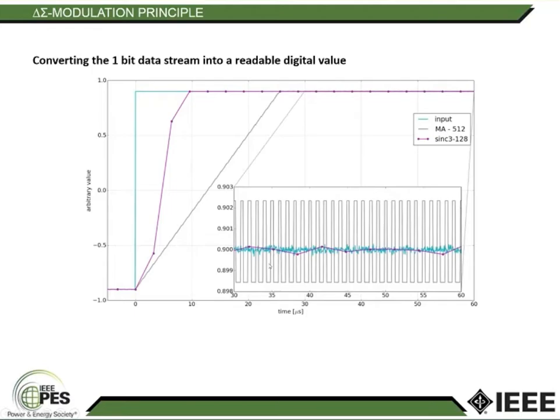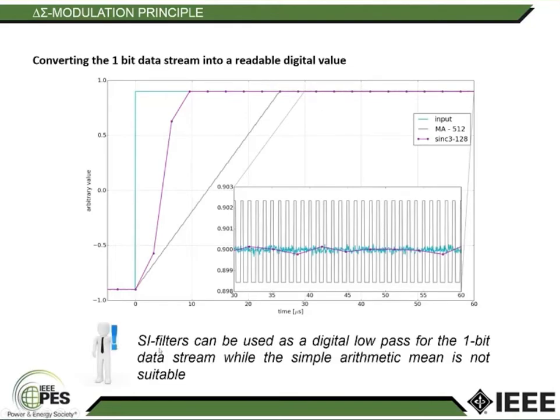So the mean average will give you a lot more values, but the sinc 3 filter is a lot more accurate, and a signal every 3.5 microseconds is still pretty fast. So sinc filters, which are part of the SI filter group, can be used as a digital low-pass filter for the 1-bit data stream, while the simple arithmetic mean is not that suitable for the simple fact that it is slow, like it takes time until you actually see such a rising edge current.